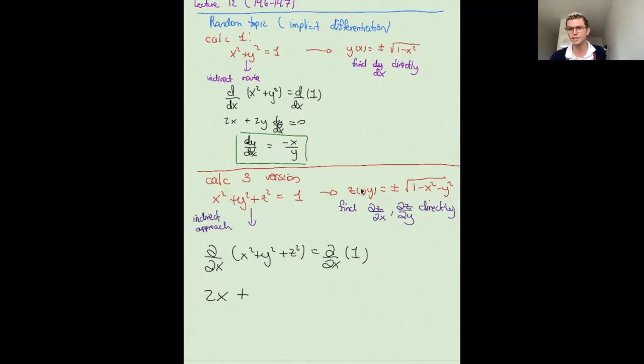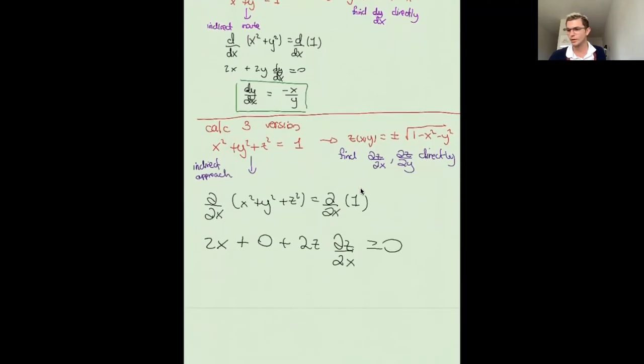So you still say that the partial of y with respect to x is 0, but there's a partial derivative of z with respect to x, which is 2z, and this is the number 2. Is that making sense? The partial of y with respect to x is 0 because x and y are independent.